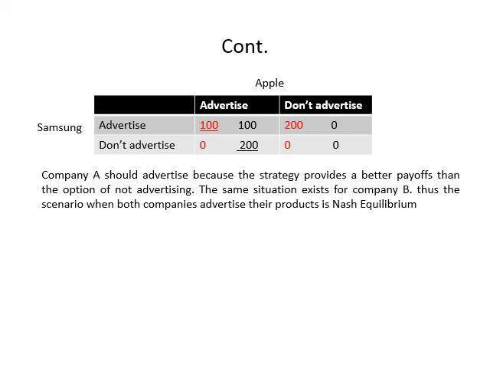The same situation exists for Company B. Thus, the scenario when both companies, Samsung and Apple, advertise their product is the Nash equilibrium. This is known as Nash equilibrium.